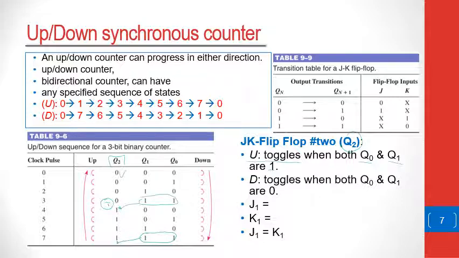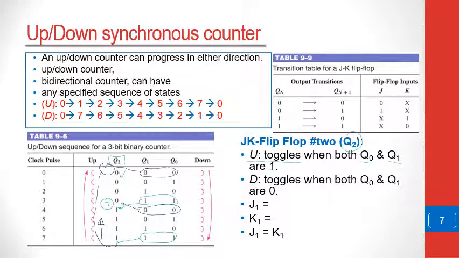So in the same light, when we are in the downward direction, that's when you have this counting from here to there, we see that whenever both Q0 and Q1 are low, there is a transition. Whenever both of them are low, there should be a transition here, because this transition means the next bit is going to be this one.